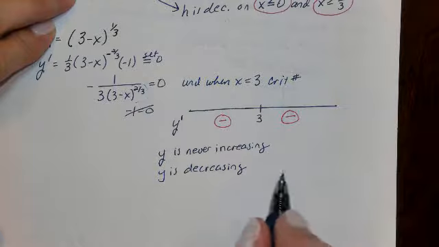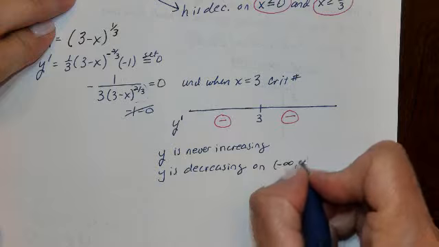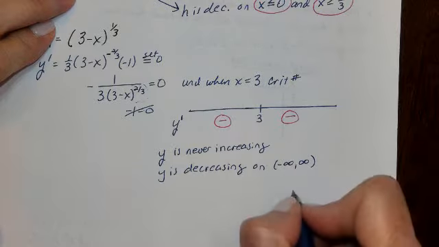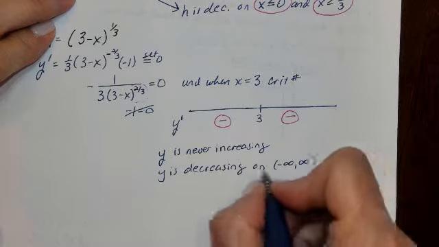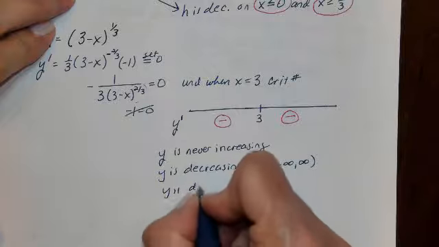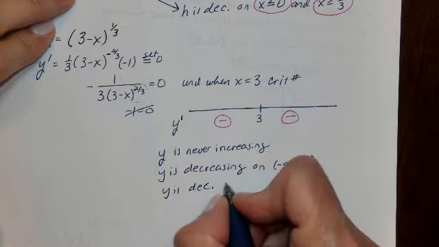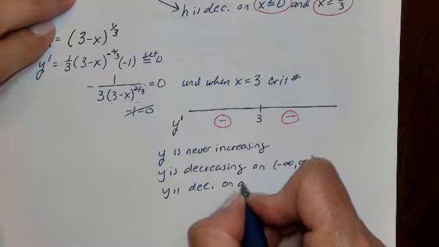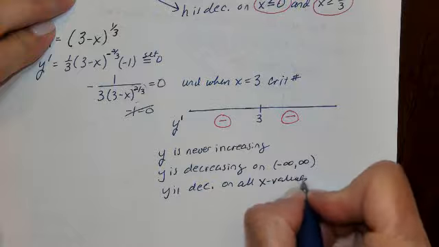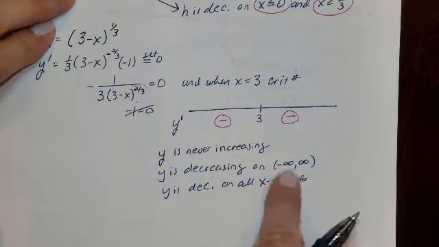You can say this several different ways. You can say on negative infinity to infinity, if you prefer interval notation, that will work. Okay? You could say y is decreasing on all x values. There are different ways to convey this.